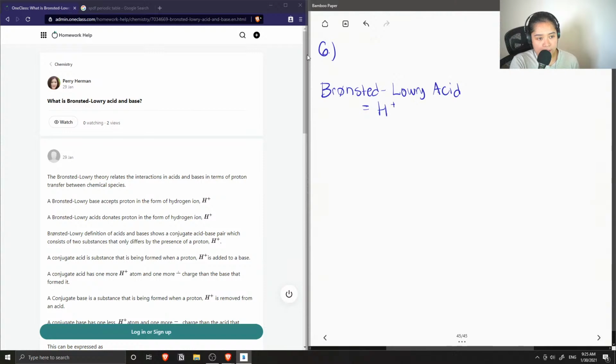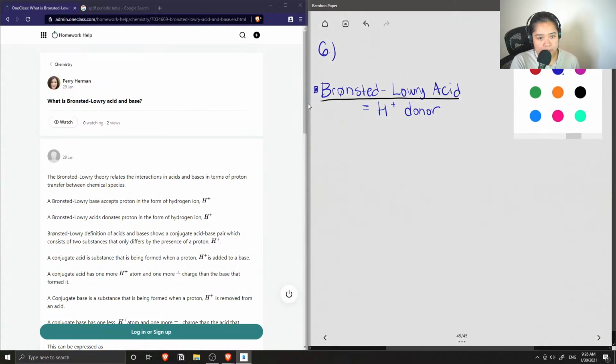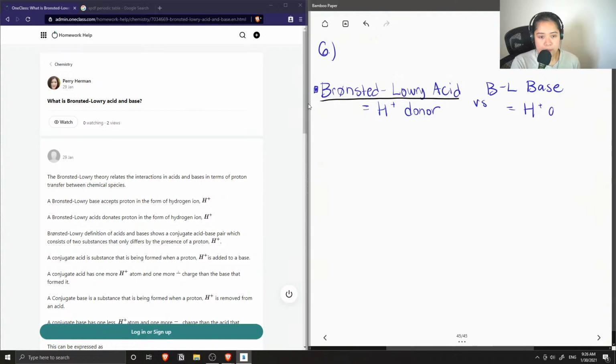This is known as a proton donor. And a Bronsted-Lowry base is the opposite. It is a proton acceptor.